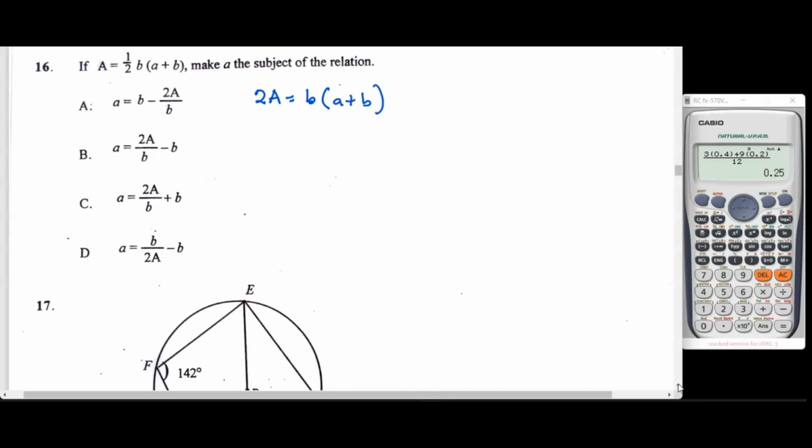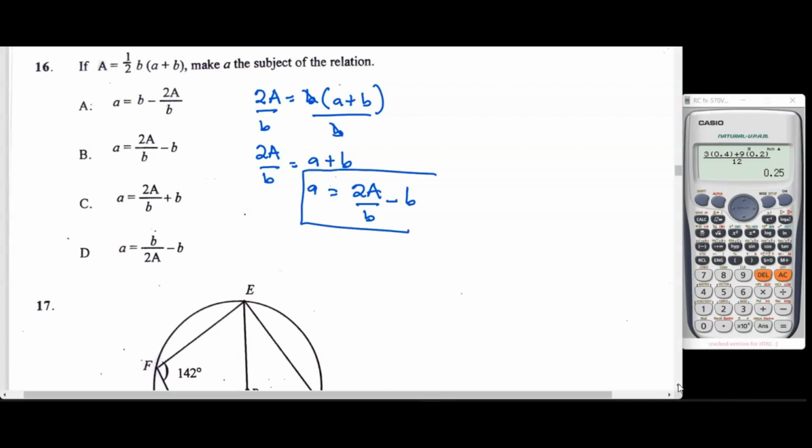Then from here, you can divide both sides by small b first. And we are going to be left with 2A on small b equal to a plus small b. So we need to transpose the small b to join the a. So small a will be given as 2 capital A on small b minus small b.